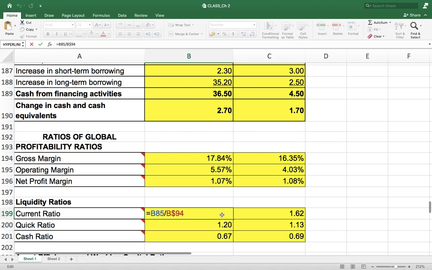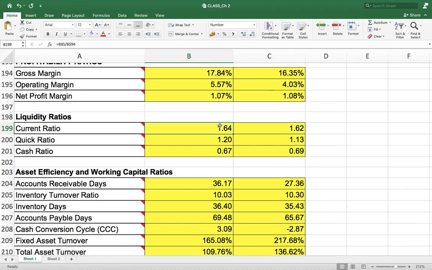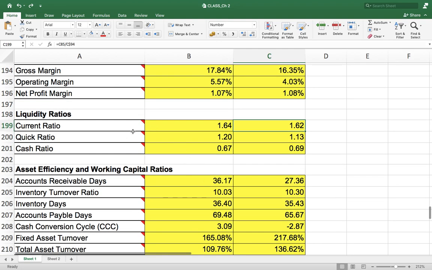Once you do that, simply press Control D, and you will get the quick ratio and cash ratio. Similarly, shift to the right, press Control R, and fill the 2015 also.